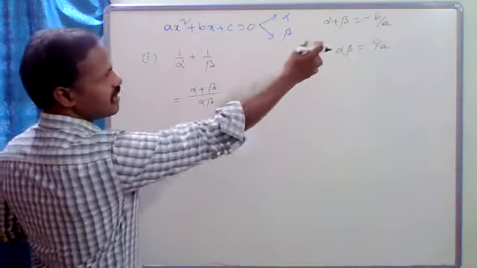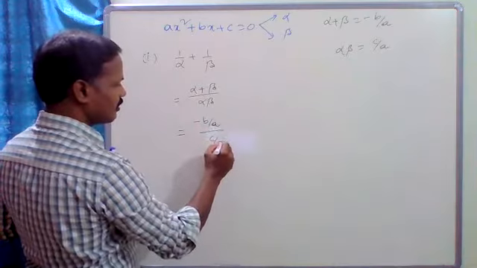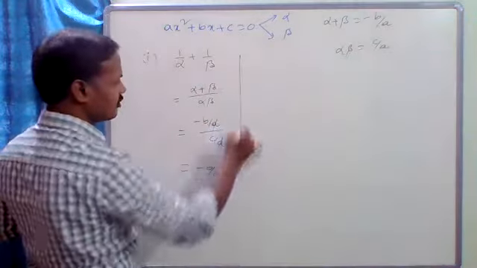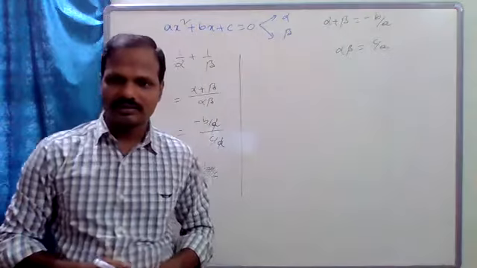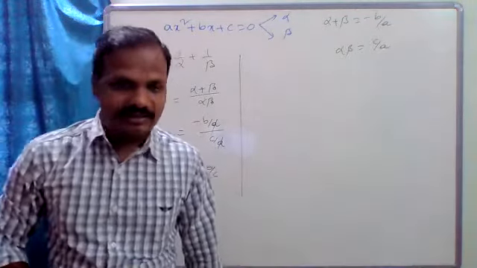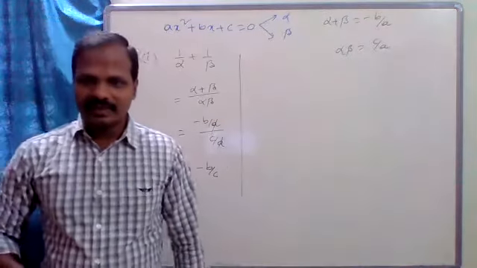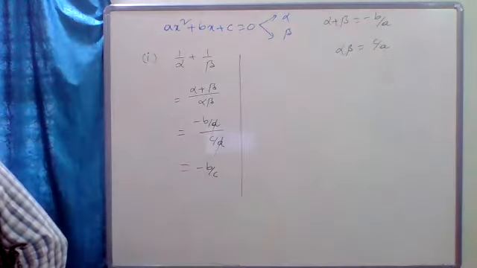So this is equal to minus b by a by c by a. So this a will be cancelled, which is minus b by c. That's all. Minus b by c. Sum of the roots is minus b by a, product of the roots c by a. Okay? One more problem.